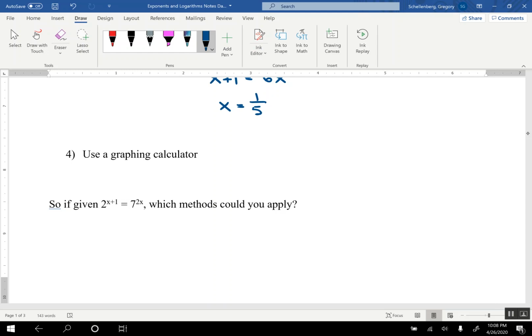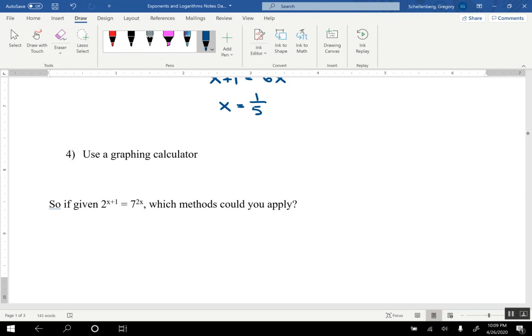And then a separate equation on a separate line, y is equal to 8 to the power of 2x. Then you look for the intersection point of those two functions, and the x-coordinate of that intersection point is your solution for x. What you'll find is that that intersection point happens where x is 0.2. So that would be 4 different strategies for solving that equation.